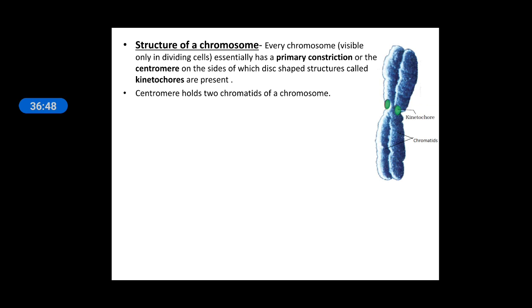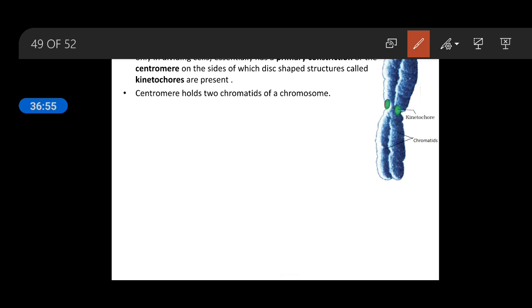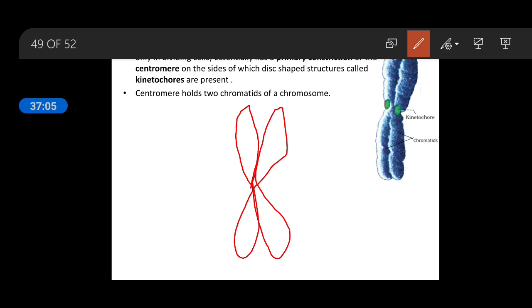The centromere holds the two chromatids of a chromosome. If this is the chromosome, here this is one chromatid, made by excess coiling of DNA, and this is another chromatid.